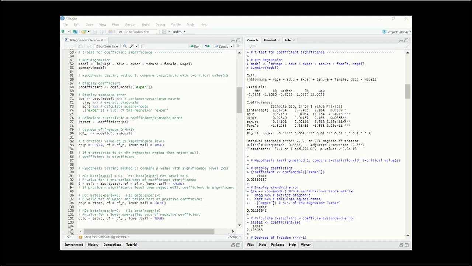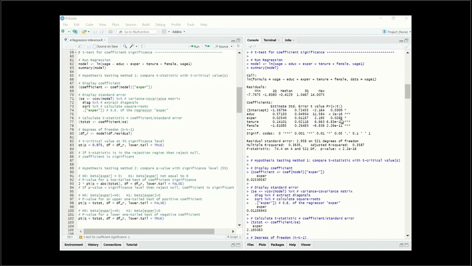So if the p-value is less than 0.05, we would have significant results denoted by a star. And if the p-value is not less than 0.05, we would not have significant results. So we would not be having stars, and the coefficient will not be significant.